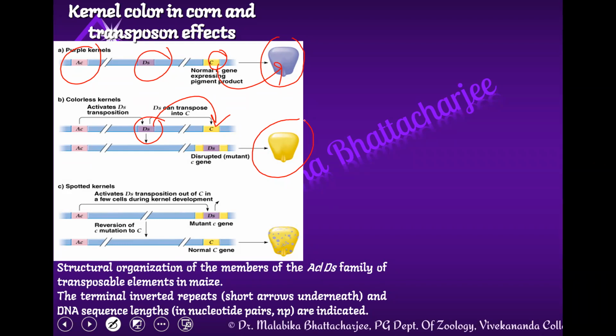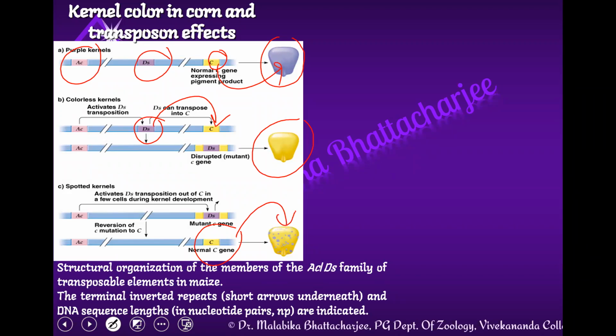So when it is re-jumping from the color gene to some other position, the color allele is becoming normal, but not as normal as its original configuration. So what we are seeing is a mottled kernel. So there are patches of normal color present in a background of colorless system.